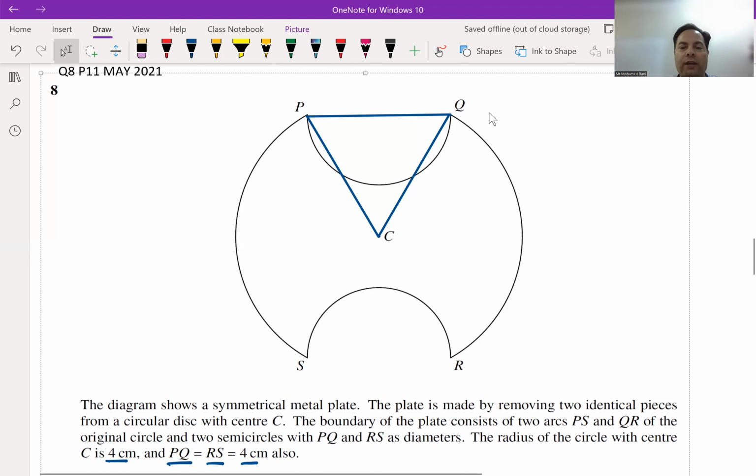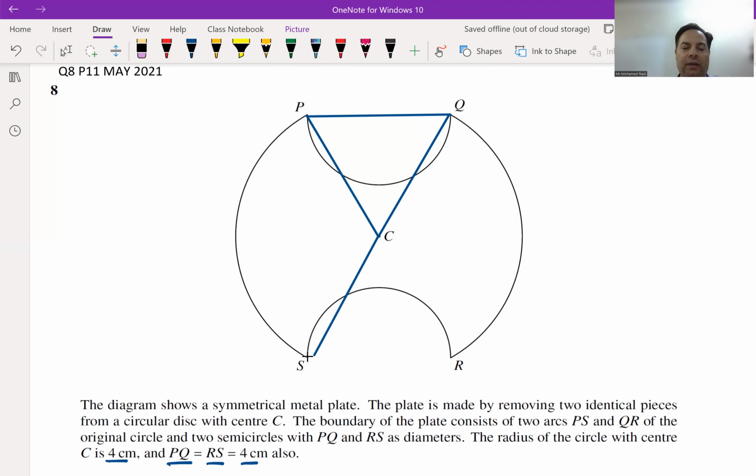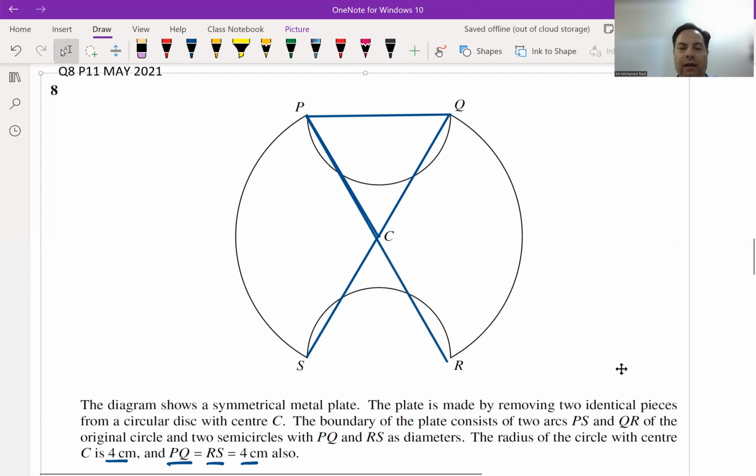So in the same way, this triangle will also be an equilateral triangle, and this side will be straight because we have a line of symmetry. So I think now it's clear: if we compare triangle PCQ and triangle SRC, each will be an equilateral triangle.